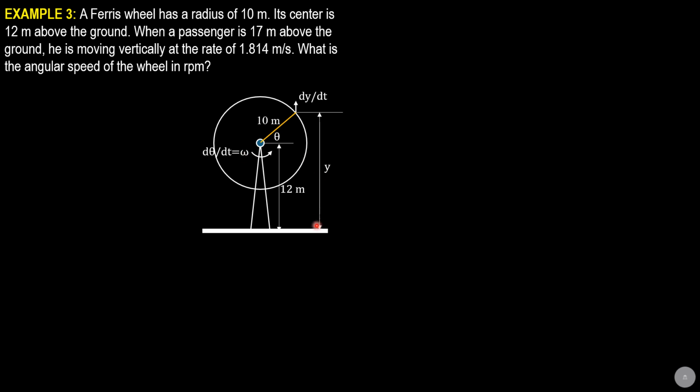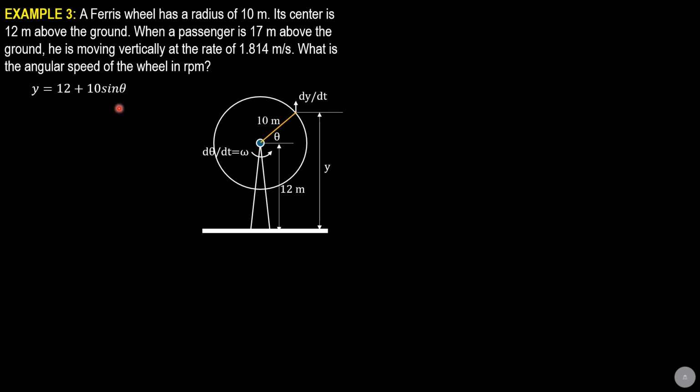So we call the distance of the man from the ground y. And that y is equal to 12, this is the fixed distance of the center from the ground, plus this distance here. This vertical distance is 10 sine of theta.